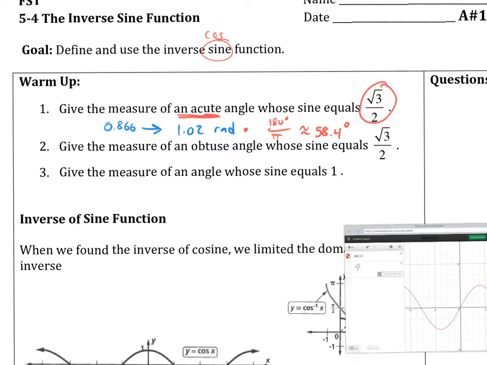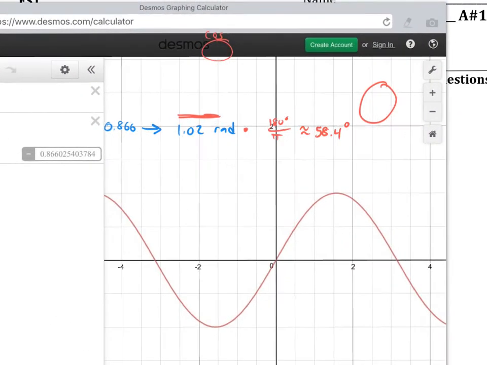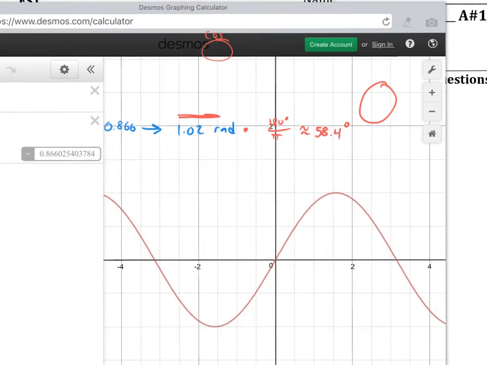And now to check an obtuse angle that is equal to the same. Notice that when I check this, the obtuse angle would be somewhere over here because 50s would be there. So all you have to do essentially is just add a little bit to it. But let me see, 0.866 is right there, which is slightly over 2 radians, which is going to be in the obtuse area.